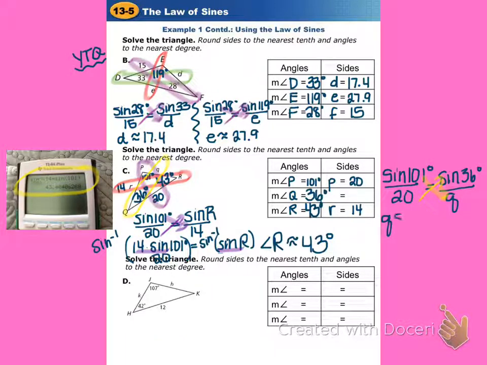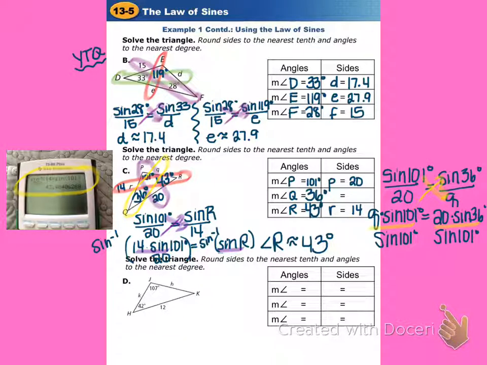Q times the sine of 101 equals 20 times the sine of 36. And then my last step would be to go ahead and divide both sides by the sine of 101 and then go to my calculator.